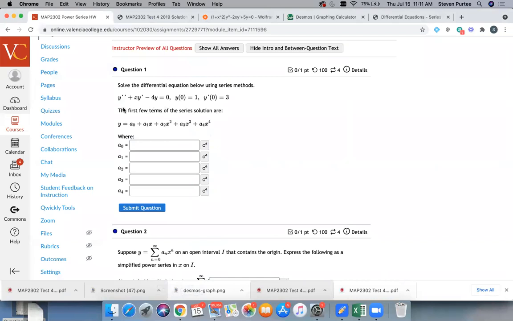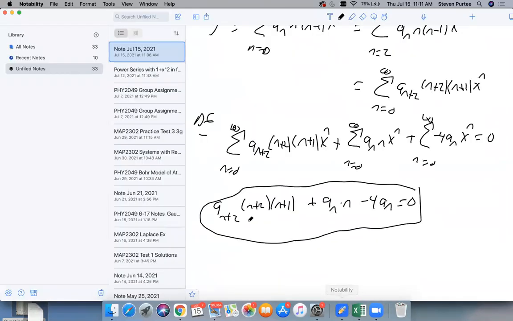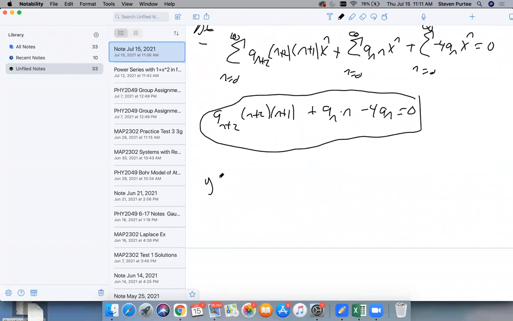So here, that's the assumption. We're expanding about the point x equals 0. So y of 0 is always a_0, and y prime of 0 is a_1. Again, if we're expanding about x equals 0.